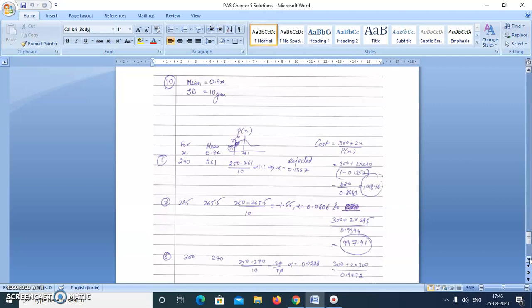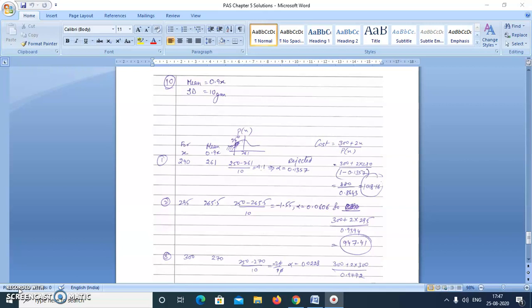Now what is the probability of rejection of the garment, which is rejection is done at less than 250 grams. Now the mean is 261 grams and we'll calculate the probability of rejection. So taking 250 as x, we get alpha is equal to 0.1357.